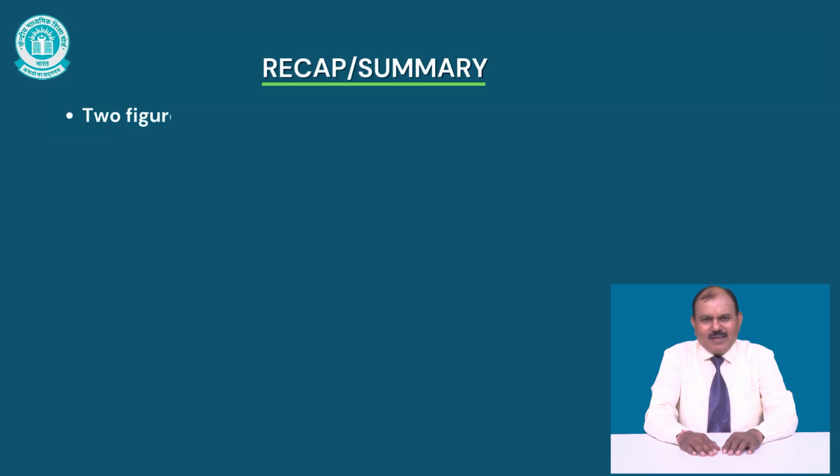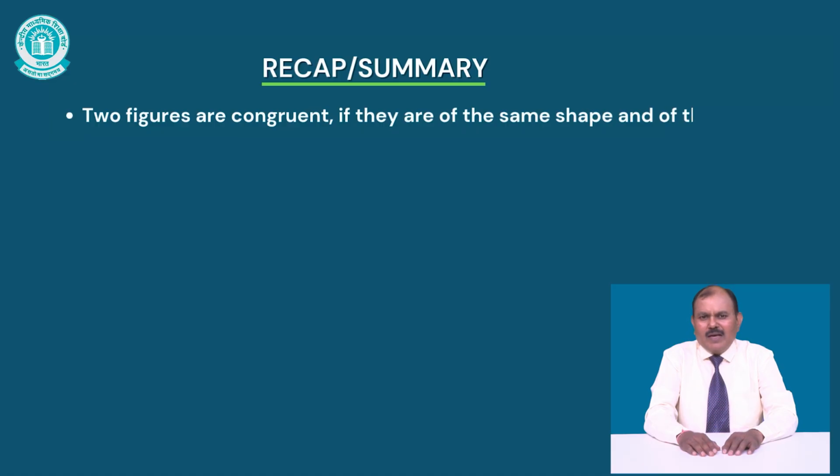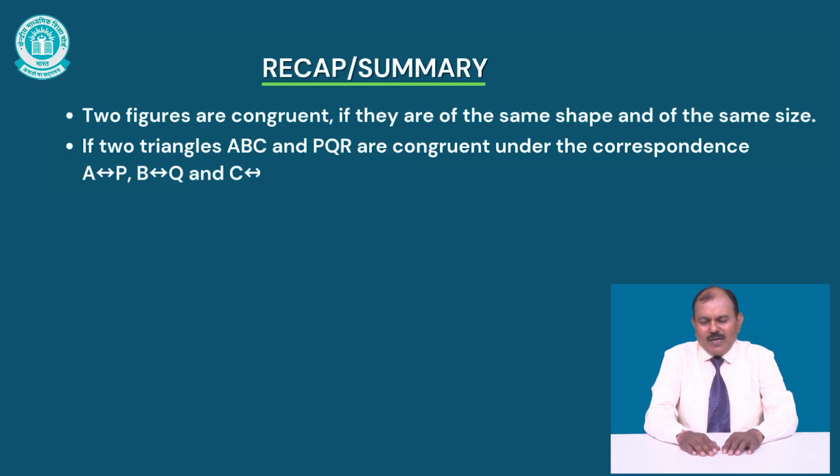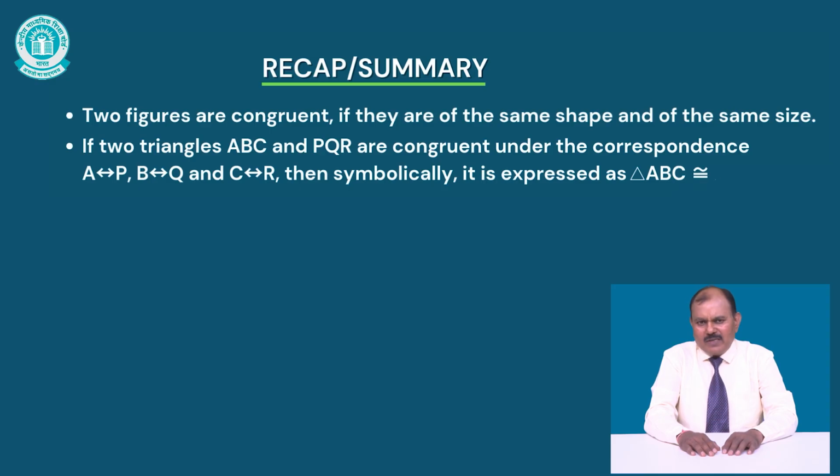Two figures are congruent if they are of the same shape and of the same size. If two triangles ABC and PQR are congruent, under the correspondence A corresponds to P, B corresponds to Q, and C corresponds to R, then symbolically it is expressed as triangle ABC is congruent to triangle PQR.